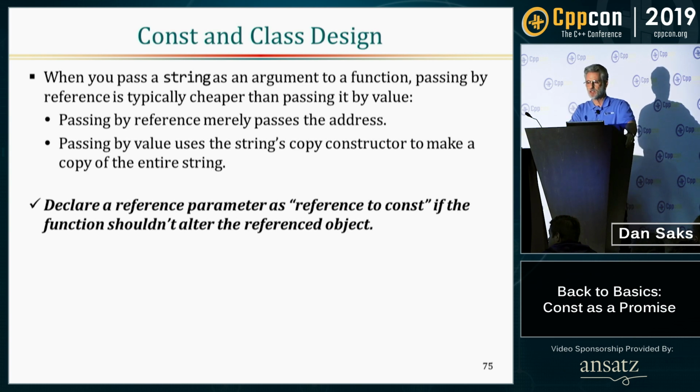Generally expensive thing to do, so the prevailing wisdom is, unless you really need a copy, you pass by reference to const, because it has a very similar effect outwardly, namely, I'm giving you access to my string without having to make a copy, and you can't modify it, which is what would happen if you passed it by value.